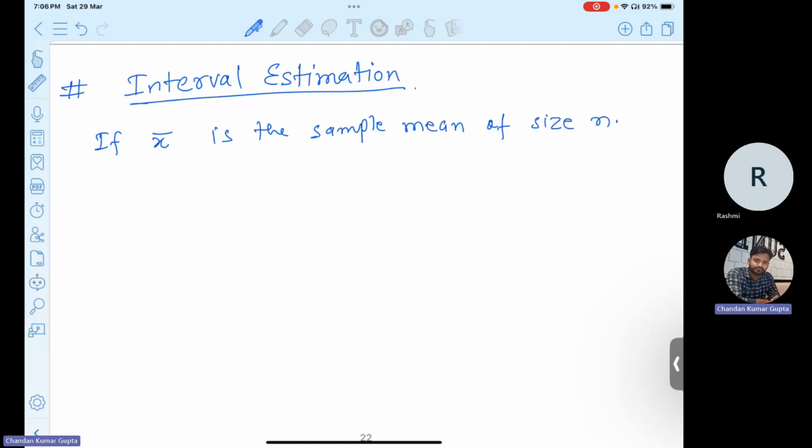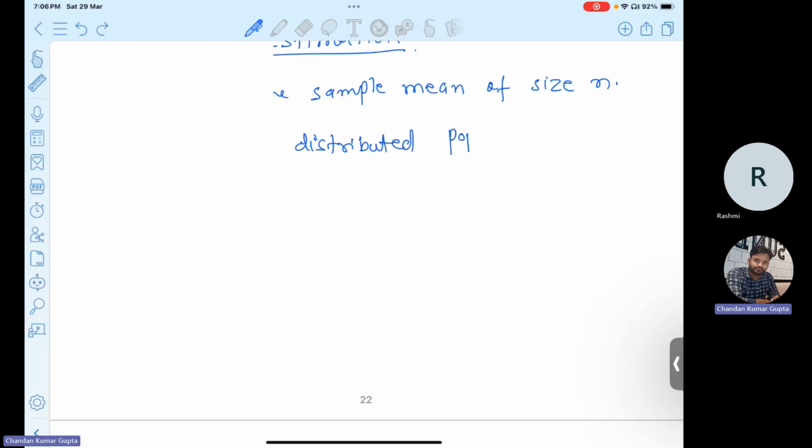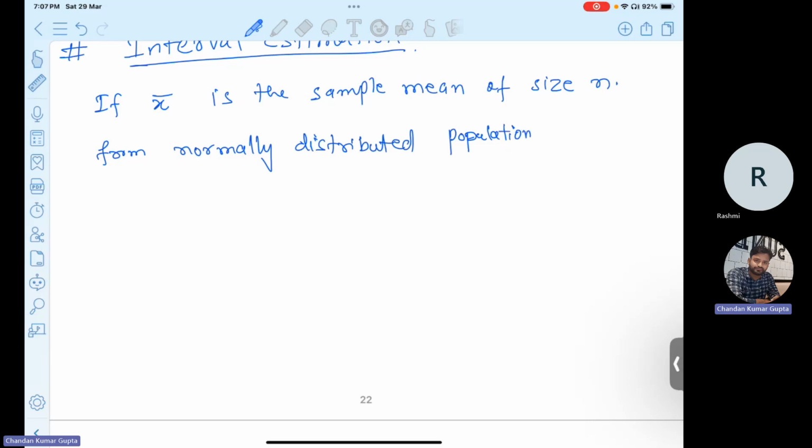That means it is a sample mean, and the sample contains n observations from a normally distributed population with known variance sigma square and an unknown mean mu.